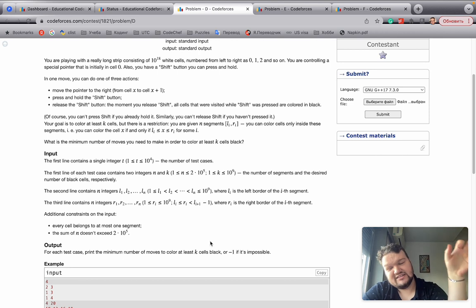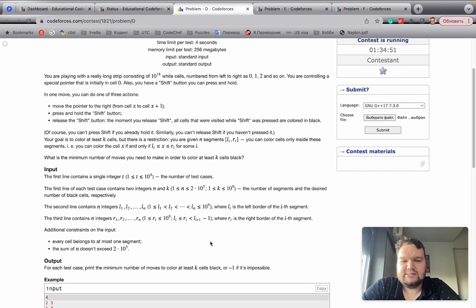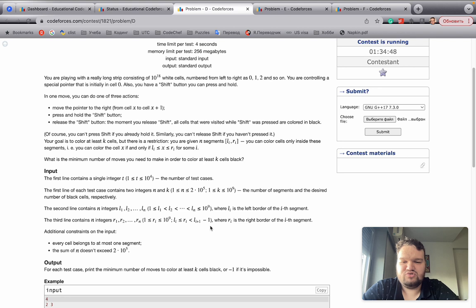So if the current length is at least the length of the small segment and the sum of lengths including the current segment is at least k, then we can drop the smallest segment from the set. That should work. I need to be careful while implementing it, but in general it should work.